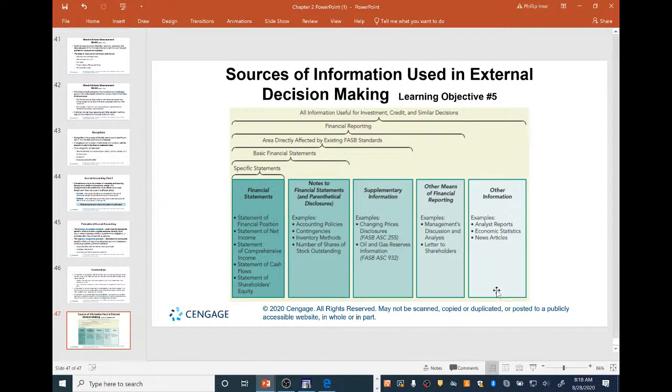So obviously, we can see how all of these different types of data can affect investment decisions, right? And we're just narrowing it down as to what each of these things are applicable to up here. So, long story short, that's just a little summary at the end here of the sources of information used for decision making.